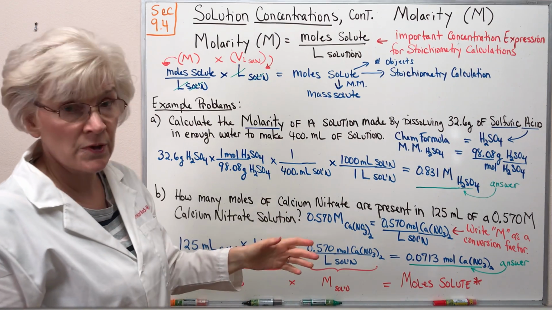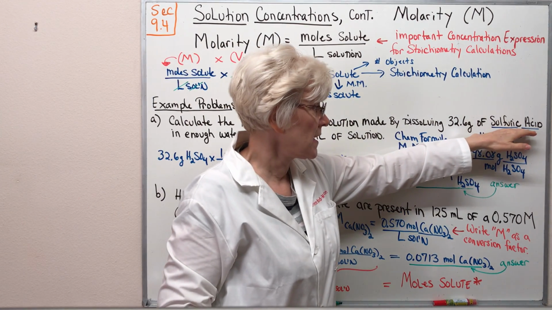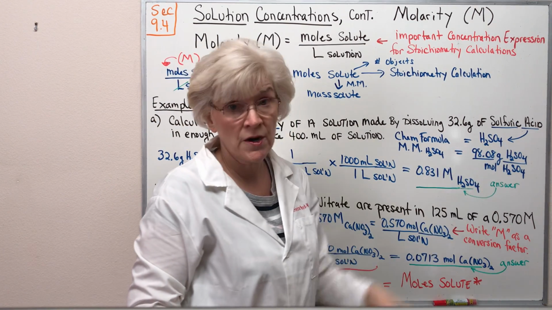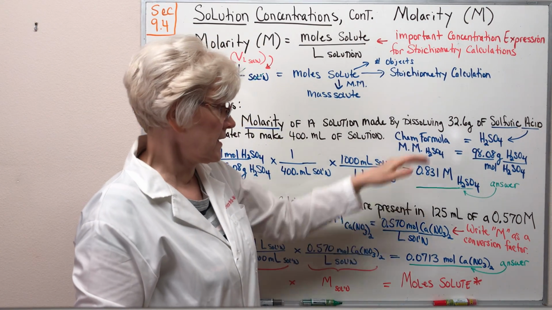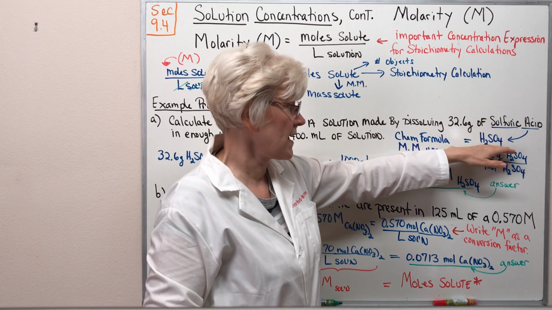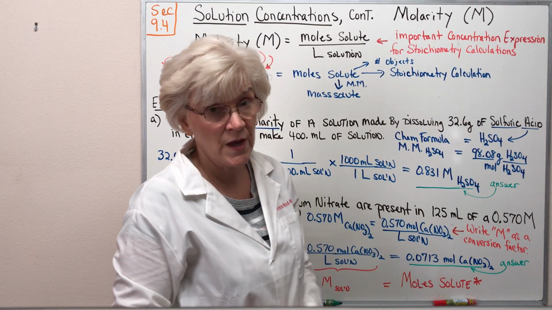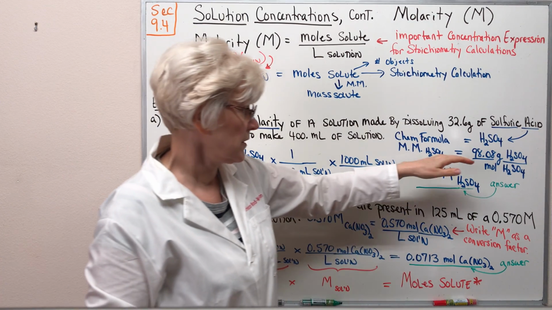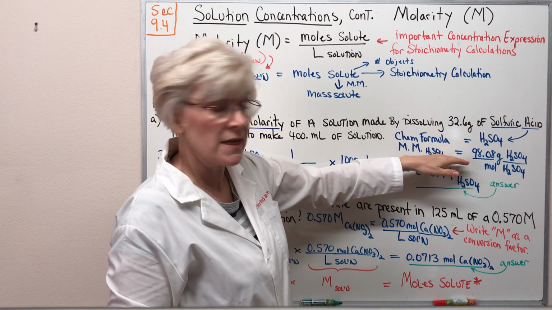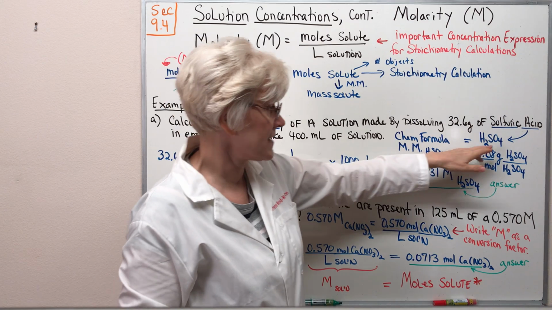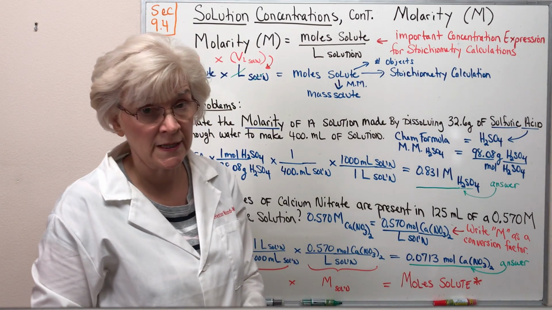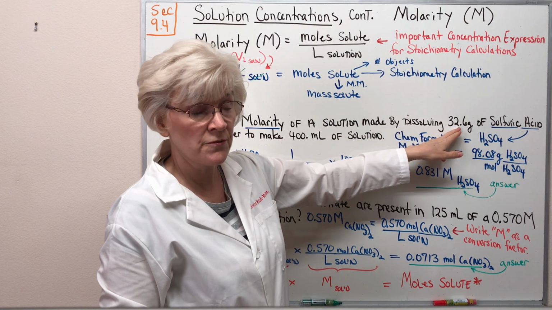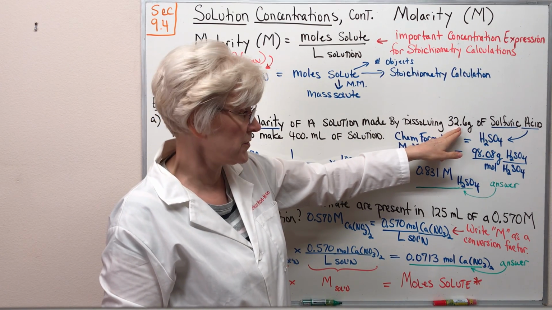So tackling the problem, we're going to need to be able to write the chemical formula of sulfuric acid using our nomenclature skills. The chemical formula of sulfuric acid is H2SO4. We also need to be able to calculate the molar mass of sulfuric acid from that chemical formula. We need this molar mass to convert grams of sulfuric acid into moles.